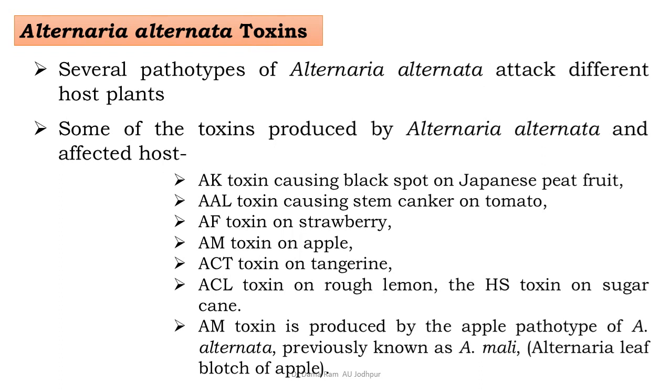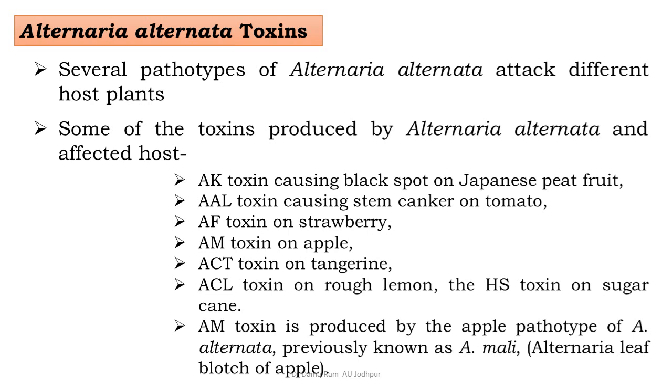So next is the Alternaria alternata toxin. Several pathotypes of Alternaria alternata attack different host plants, and on each they produce one or several multiple forms of related compounds that are toxic only to a particular host plant of each pathogen.